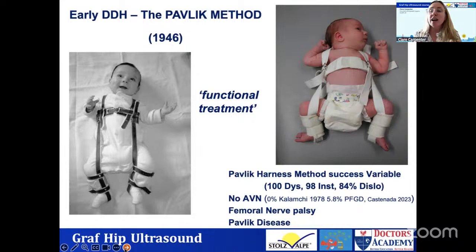And we know Pavlik harness is successful. I would argue it's not as successful in the type 4 hips. It is not as successful in the older age group.